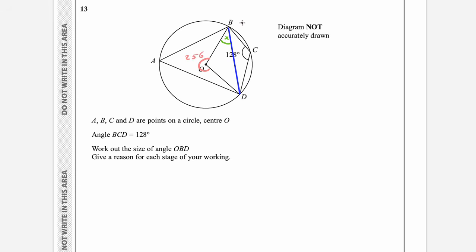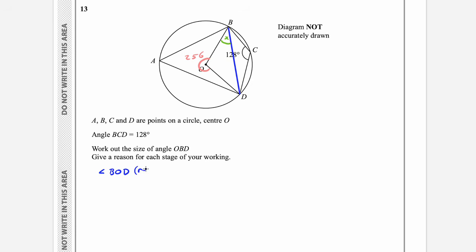So, okay, let's say, I'm going to say angle BOD, and then you can say the obtuse, let me just put in bracket, obtuse, no, sorry, it's not obtuse, it's reflex.